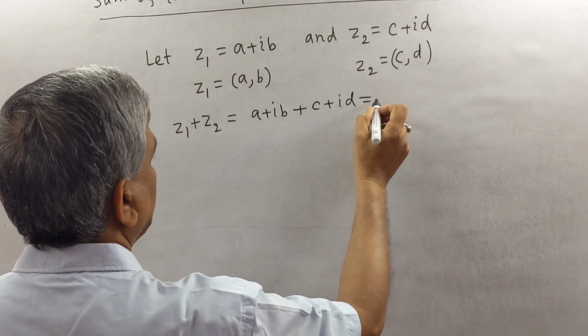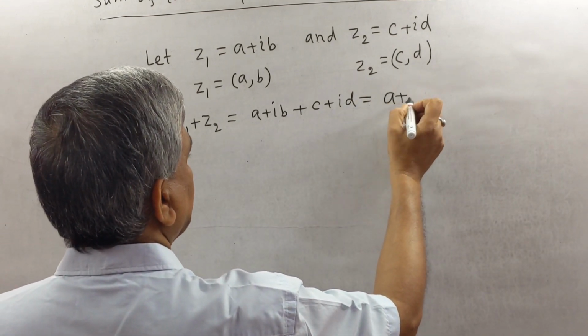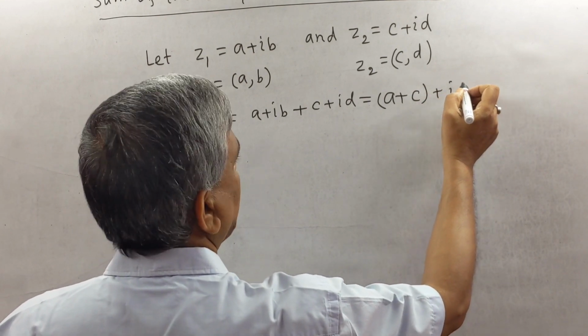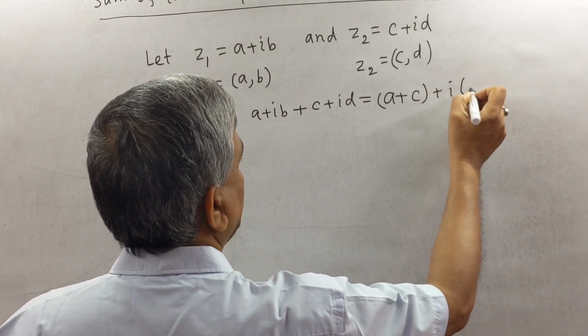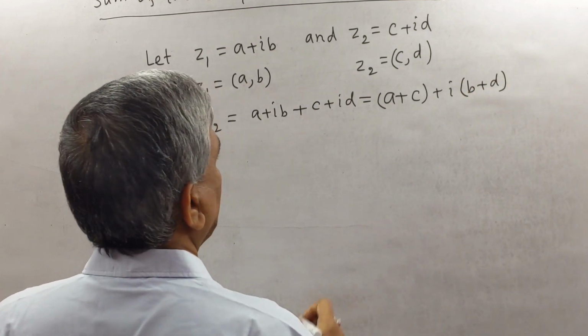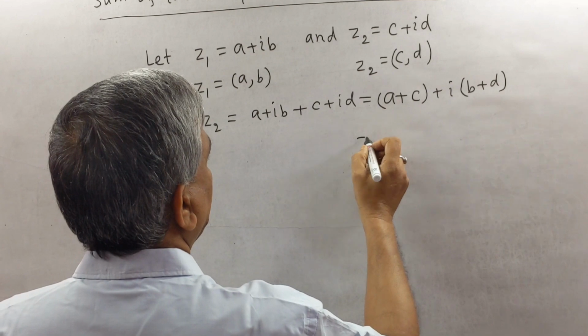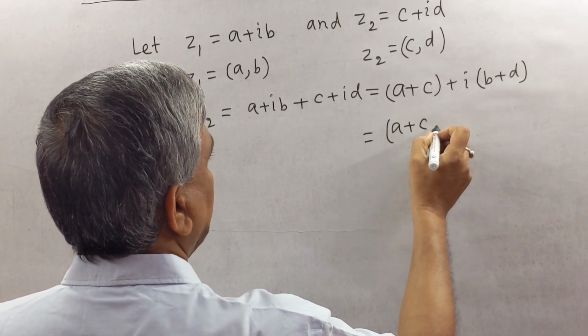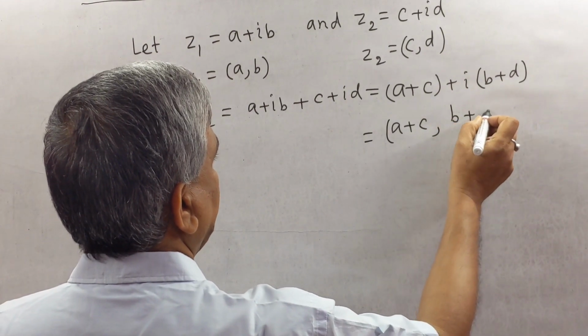This equal to a plus c plus i times b plus d. In terms of ordered pair, it will be written as (a plus c, b plus d).